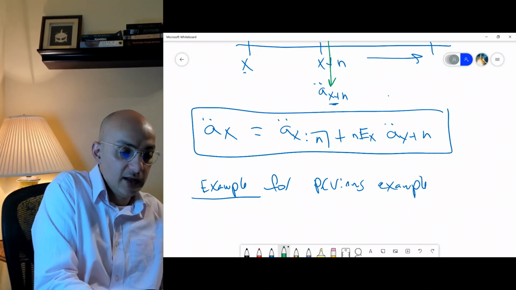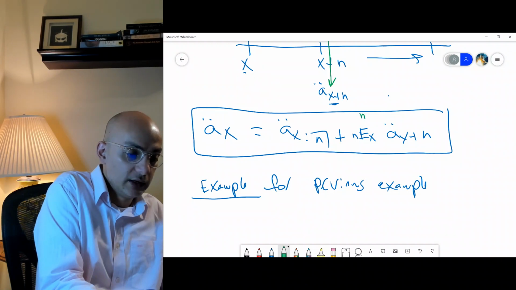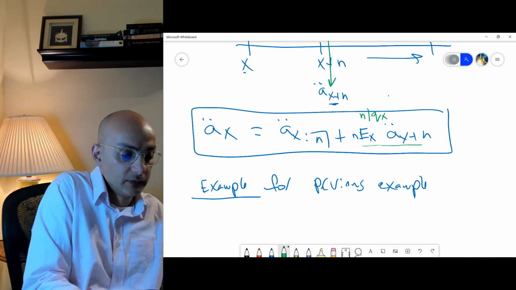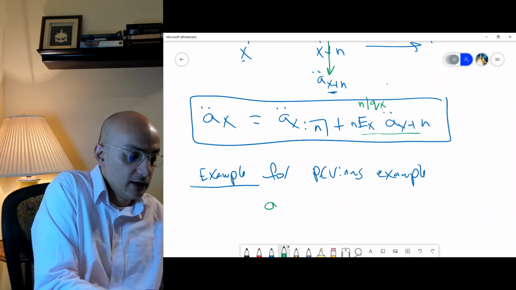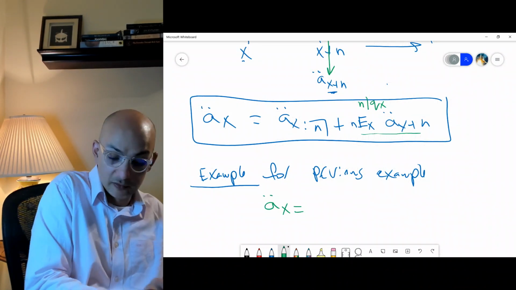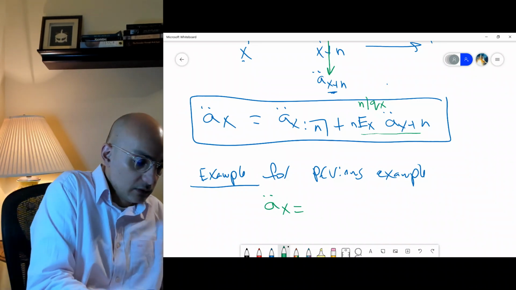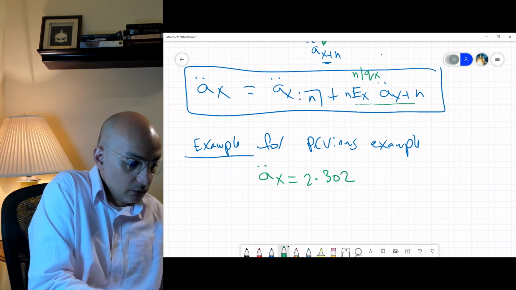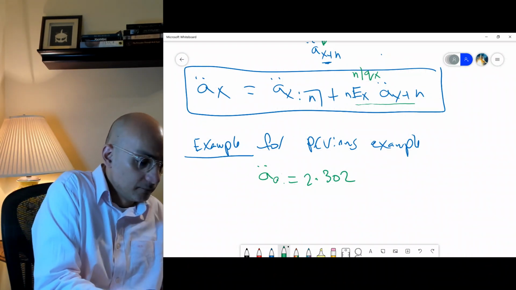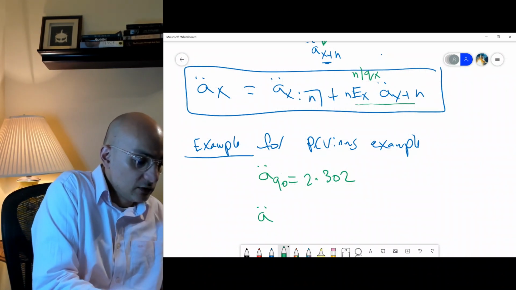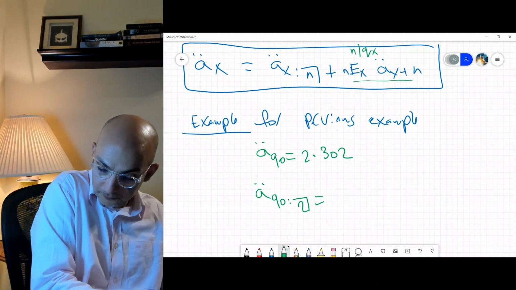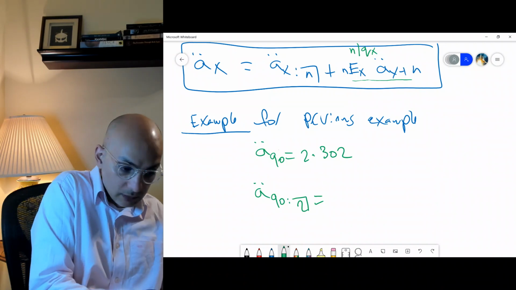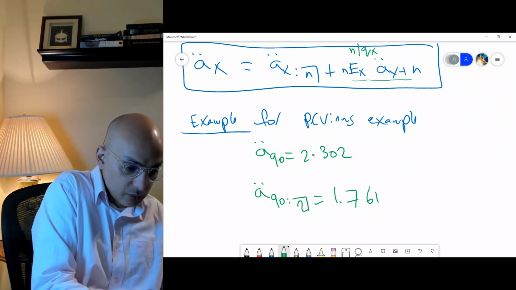Remember that this nEx can be written also in terms of qx for the whole thing here, right? For the previous example, we calculated ax for 90 is, I think, 2.302. Then we calculated the temporary annuity for 2 years for 90 to be 1.7619.